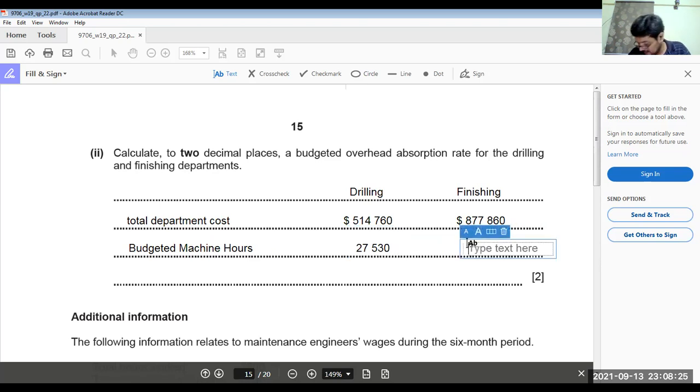And for finishing is 32,270. Okay. So what would be the rate if we divide them? What would be the rate? Overhead absorption rate.